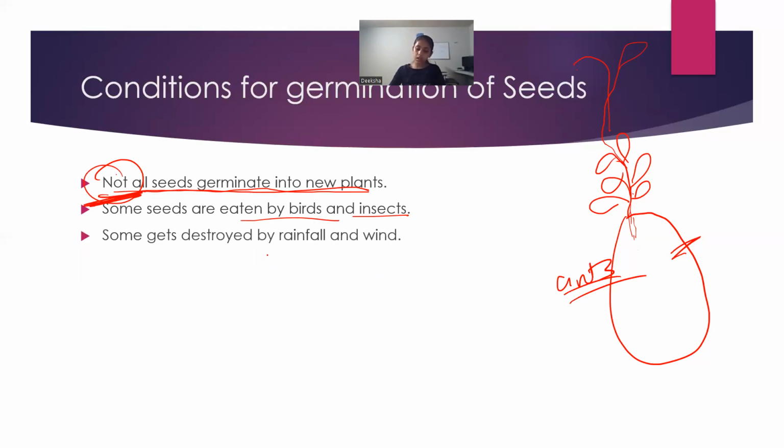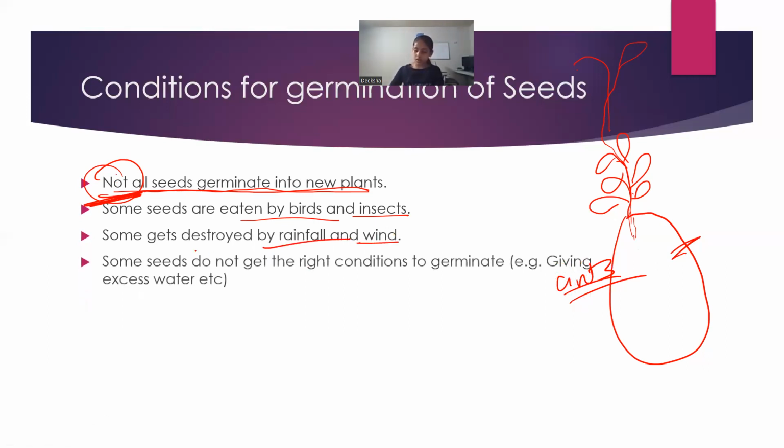Some have been destroyed by rainfall and wind. Some seeds do not get the right condition to germinate. What is the right condition? Suppose I have not given sunlight, then also the seed will not germinate, because it needs warmth.